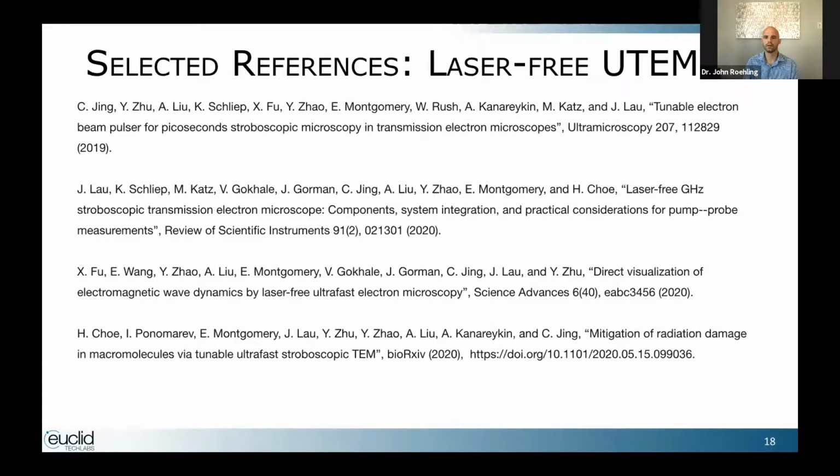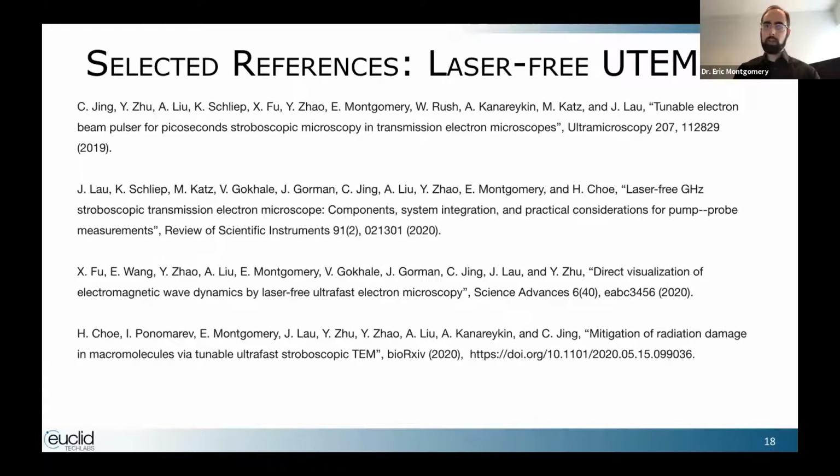Eric, how about the pulse durations? Sure. I assume the question refers to the shortest pulse duration you can achieve. At the present time that would be with the laser-based UTEM using a very small emitter tip and a very short femtosecond laser.